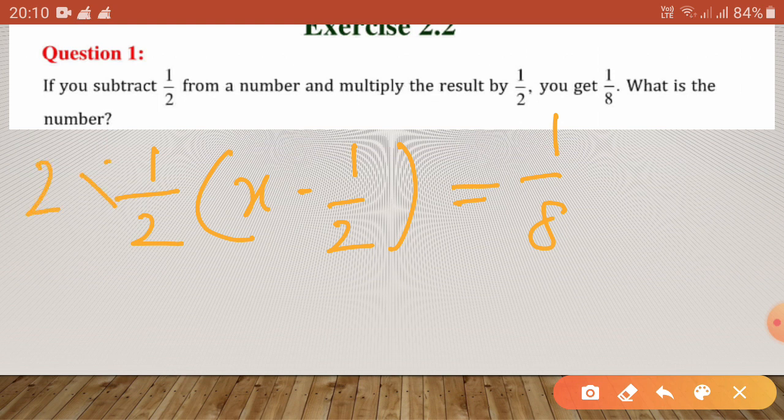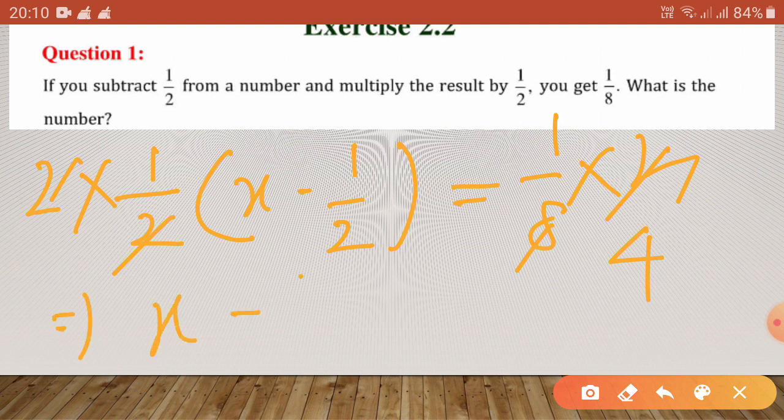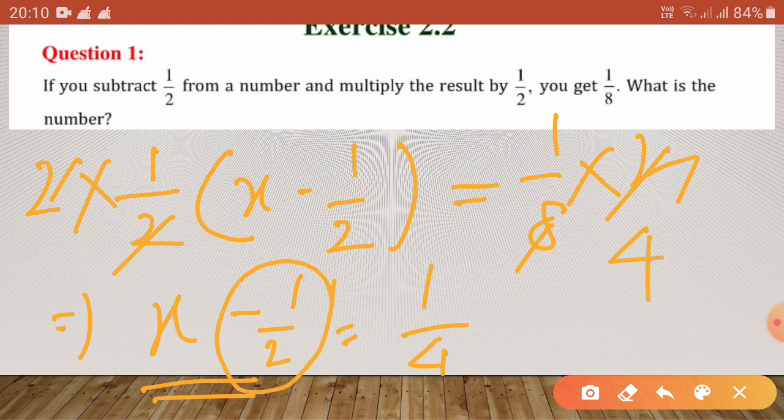2 on both sides, it will give us, on the right side 1 by 4, and on the left side x minus 1 by 2 equal to 1 by 4. Okay, got it? Now on the left side it is x minus 1 by 2, so the term is minus 1 by 2.